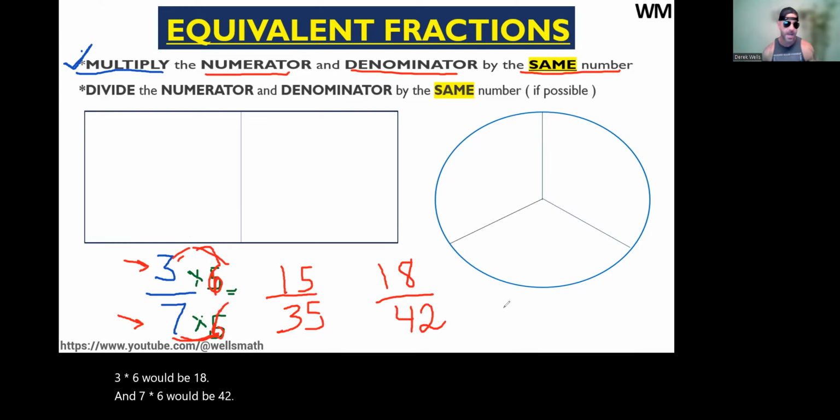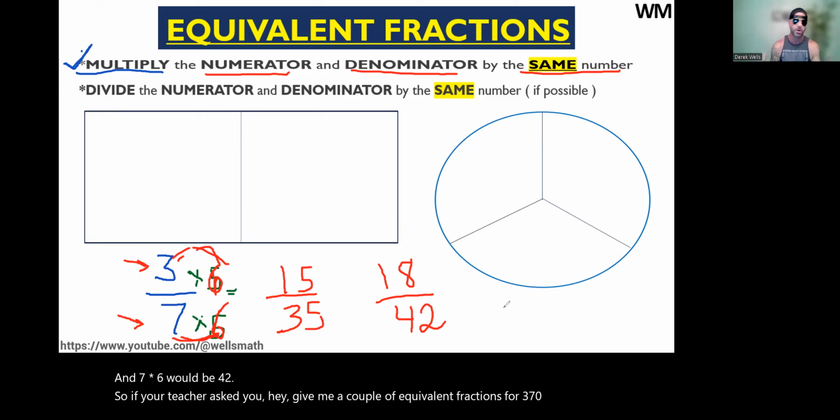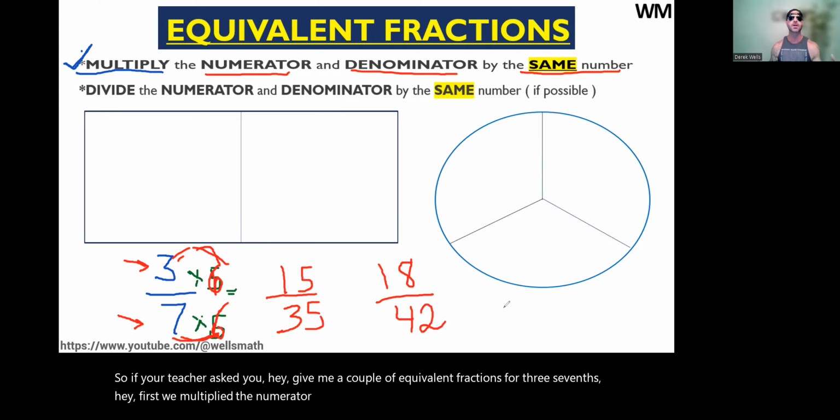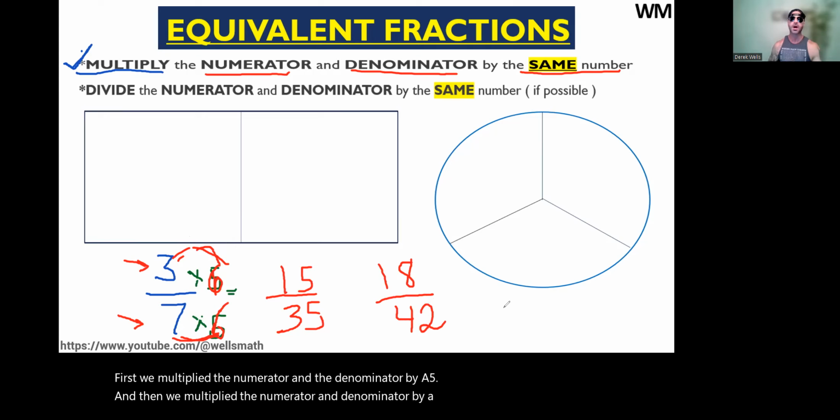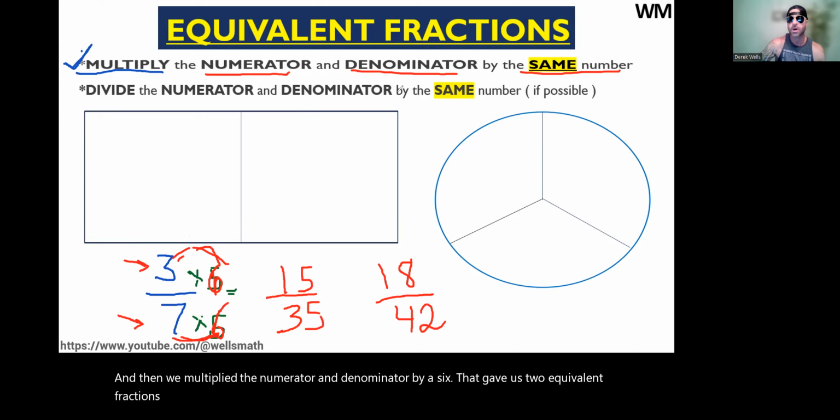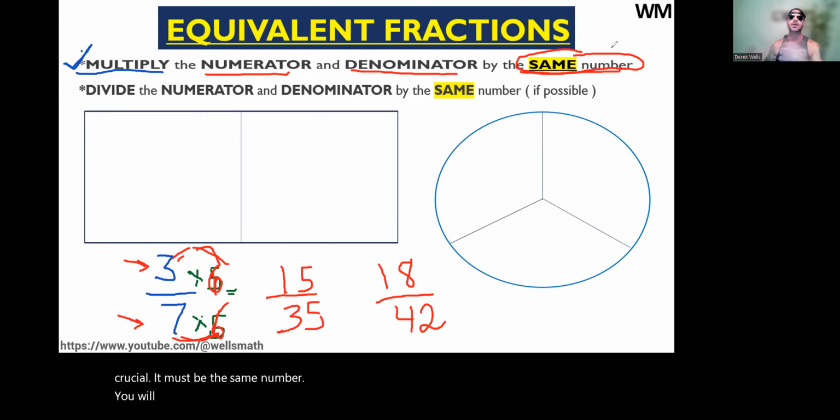So if your teacher asks you, hey, give me a couple equivalent fractions for 3/7, first we multiplied the numerator and the denominator by a 5, and then we multiplied the numerator and denominator by a 6. That gave us 2 equivalent fractions. Okay, so as long as you multiply the top and the bottom by the same number, that is crucial. It must be the same number. You will automatically get an equivalent fraction.